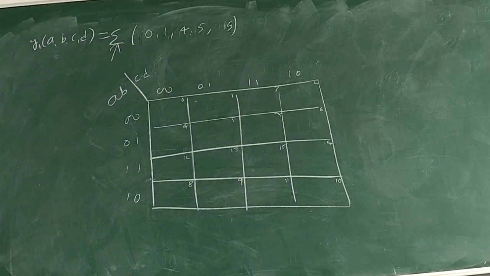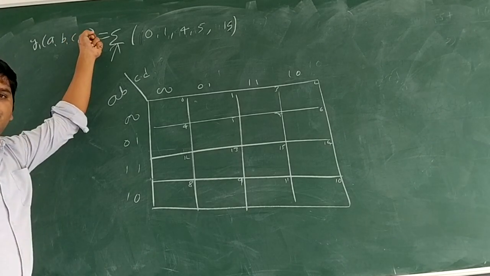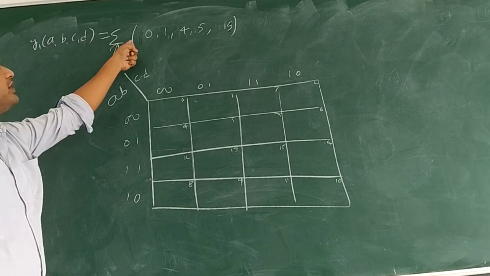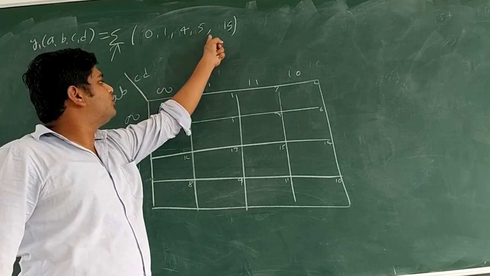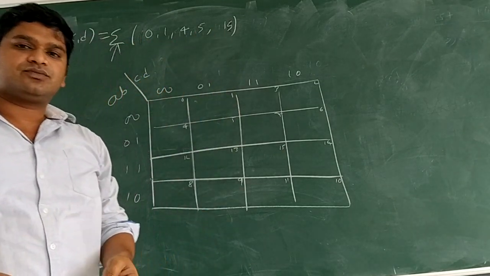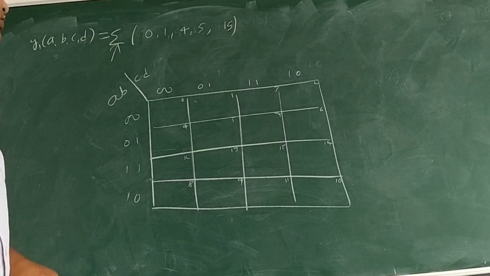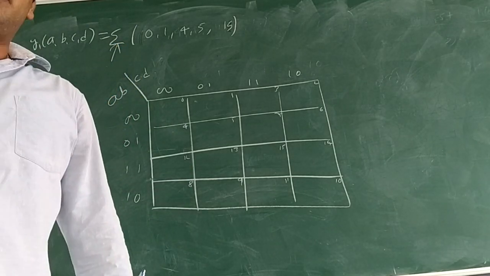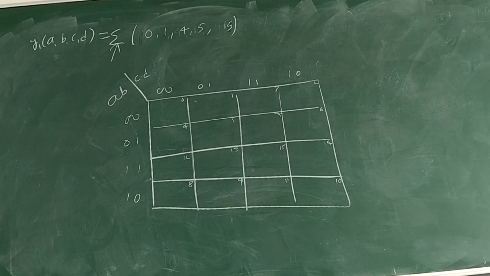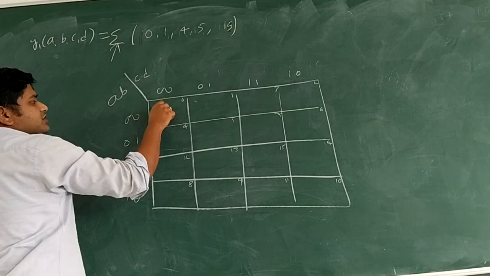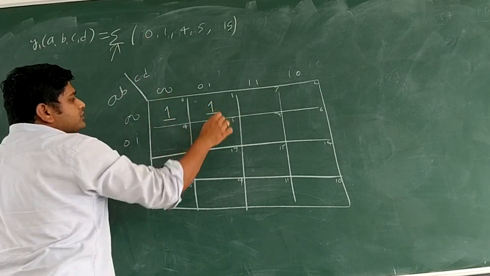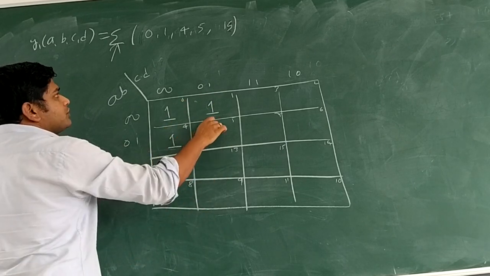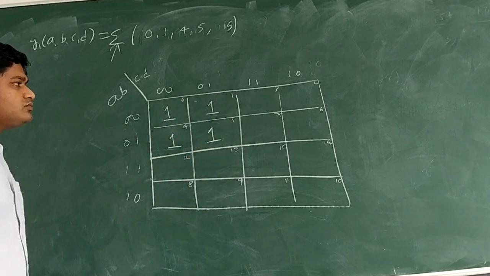See now. Y1 is a function of 4 variables A, B, C, D. It is high for 0, 1, 4, 5 and 15. So what is the type of function? SOP, summation. That means 1 for the given cell numbers. 0th cell 1, first cell 1, fourth cell 1, fifth cell 1.